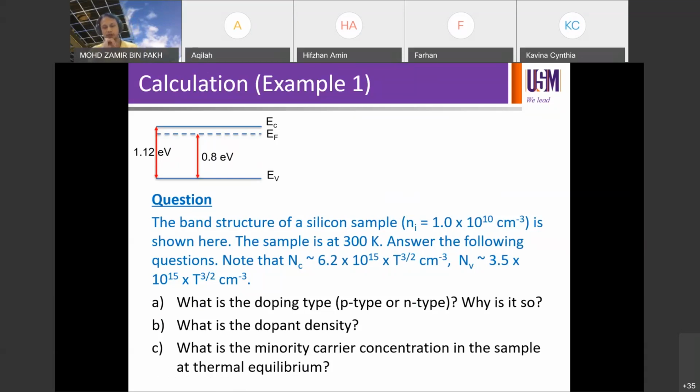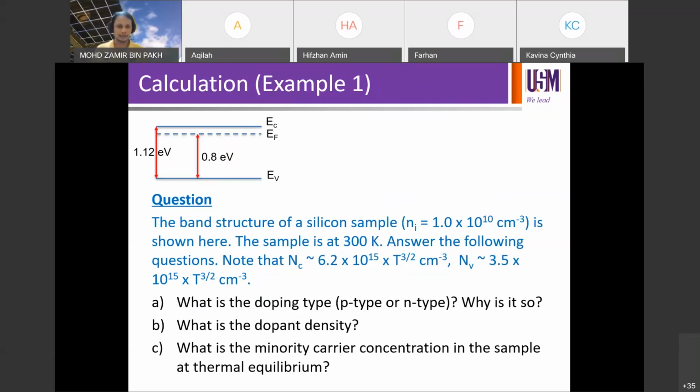You can also say that your EF is higher than the mid gap, so it's moving towards N-type. This one is very straightforward because it's very close. A non-straightforward one would be where EF is not that close, but higher than mid gap. So it's N-type because your EF is higher than mid gap, or close to EC is fine.